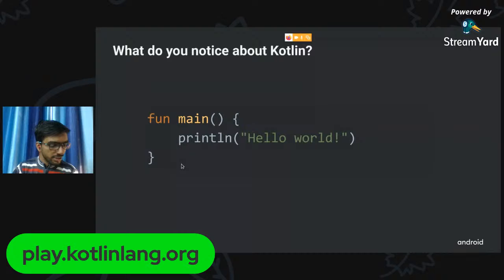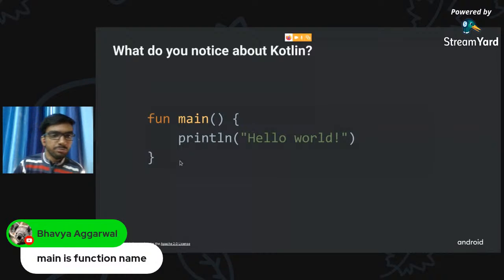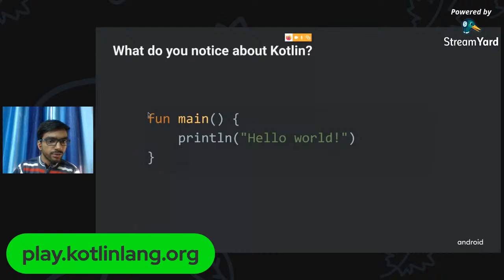Okay, let me tell more about this. Here fun is a keyword which is used to declare a function. Main is the name of the function, and we declare a function using opening and closing parentheses. This whole block is the body of the function, and println is used to print anything written inside it.